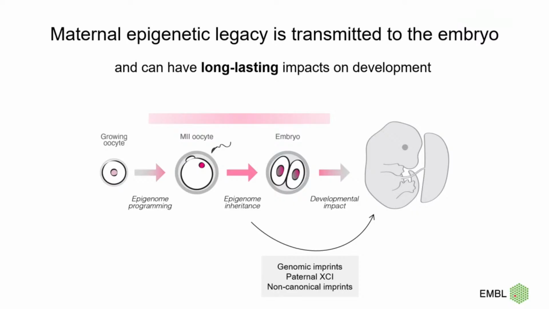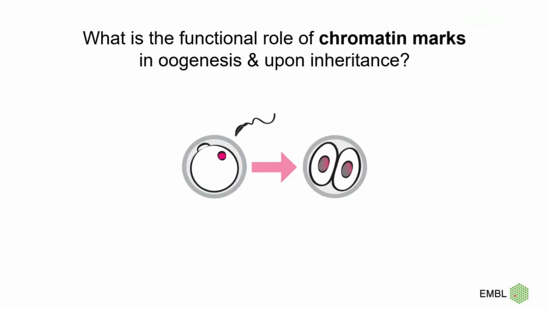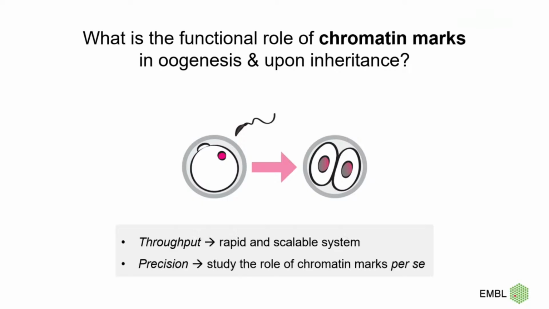So this maternal epigenetic legacy is multifaceted, but in the Hackett group, we're particularly interested in one layer of this legacy, which is chromatin modifications. And so the overarching question of my postdoc was really to get to the bottom of the functional role of chromatin modifications in oogenesis and in development. And we wanted to address this long-standing question in an innovative manner, in a way that could be high throughput.